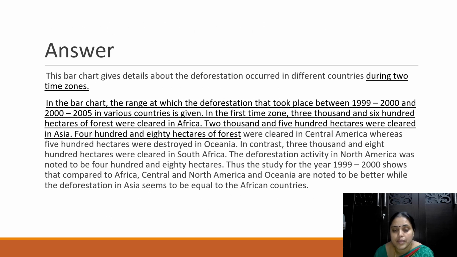This is the example of the answer that is expected from you. The given bar chart gives details about the deforestation that occurred in different countries during 2 different time periods, and they have clearly explained what has happened, what the common things are and what the different things are in the given chart.